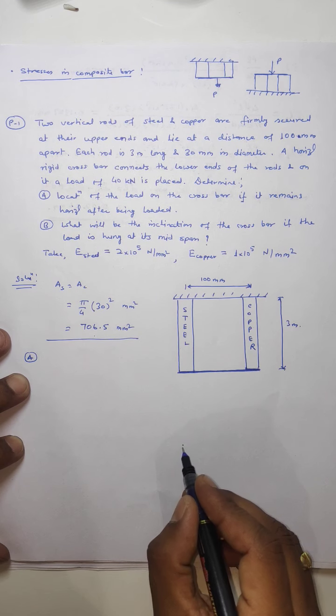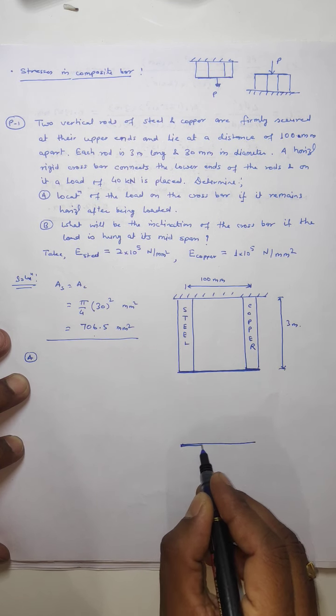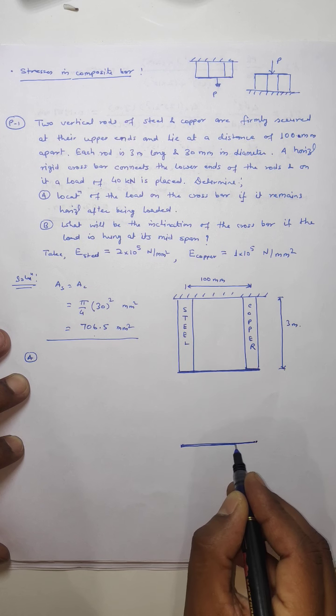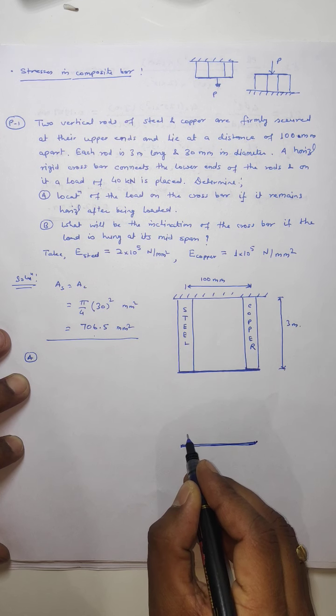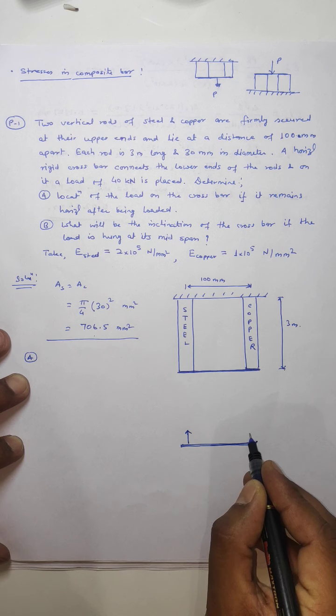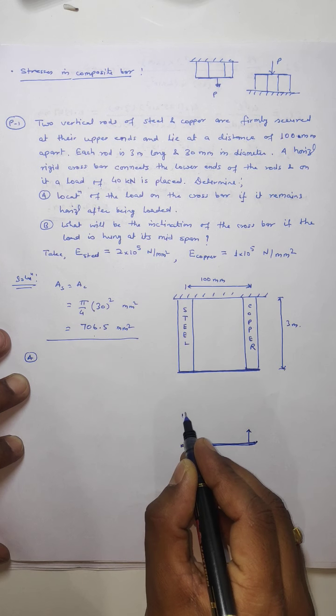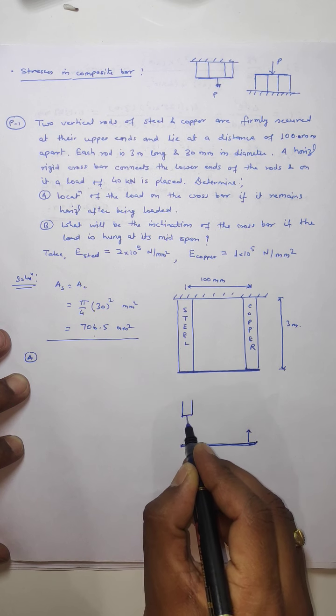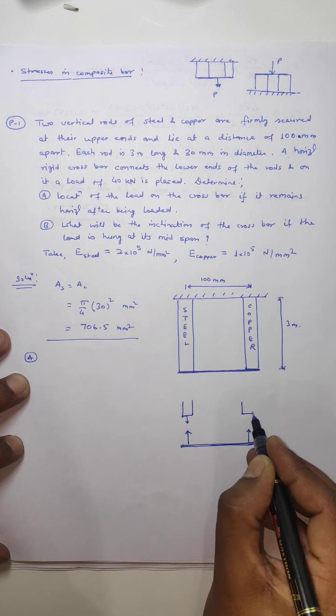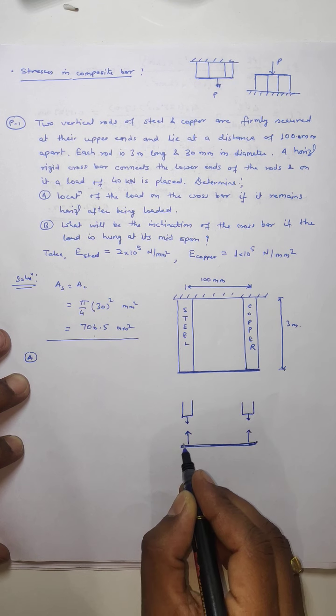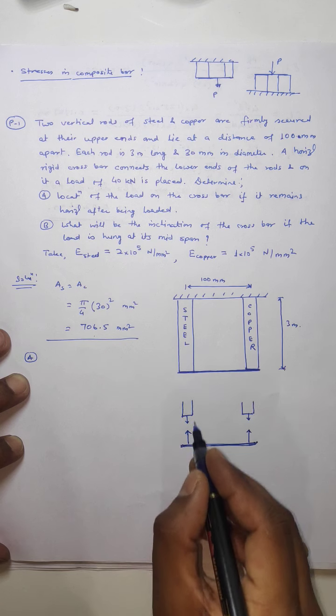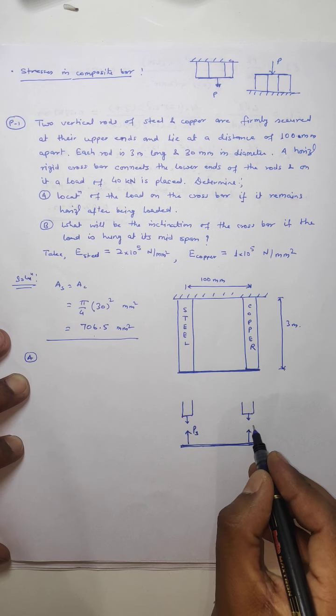Suppose this is the crossbar, here is the load, we can draw the forces on this crossbar. Say this is force in the steel bar, and this is force, not load, in the copper bar.